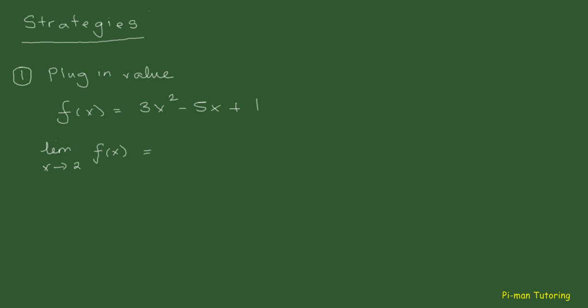So if we just plug in the value 2, we get 3 times 2 squared minus 5 times 2 plus 1, and that is simply equal to 12 minus 10 plus 1, which is 3.